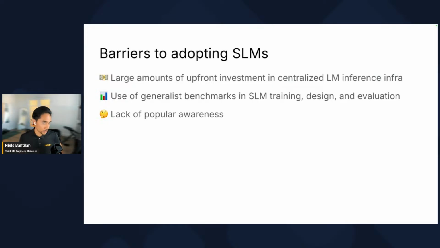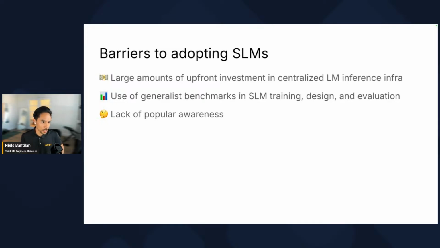This first point is the main one we'll be focusing on in this webinar, which is the large amount of upfront investment that you need to get the model up and running on your own infrastructure and fine-tuning it, and that goes all the way back to doing all the ML engineering stuff that maybe some of you are familiar with. The other two points are important too.